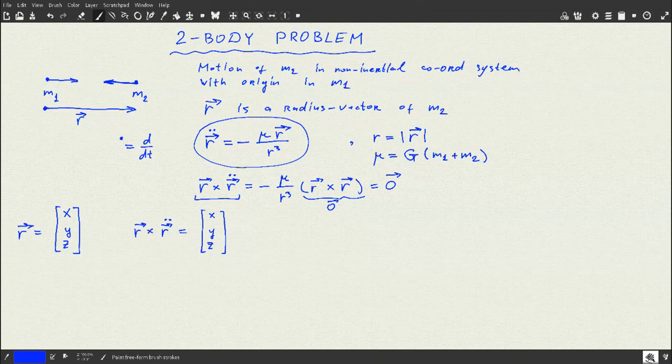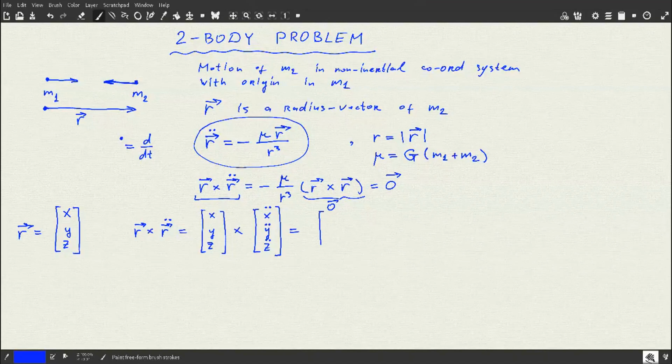If r is x, y, z, then r double dot is x double dot, y double dot, z double dot. The derivative of a vector over time is just a vector whose components are derivatives. Same for second derivatives and so on.